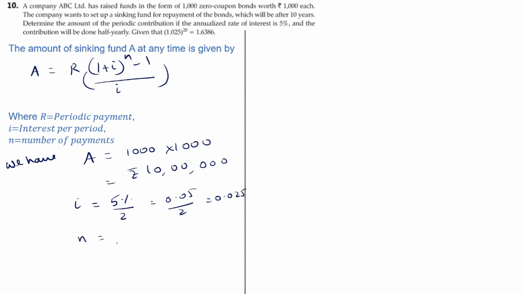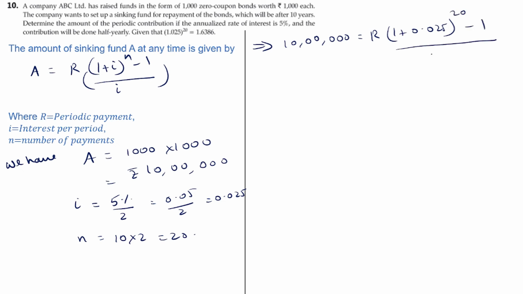And the number of payments will be, it is 10 years and contribution is done half yearly, so number of payments will be 10 into 2, 20. So if we substitute all these, we get 10 lakhs equal to R into 1 plus 0.025 the whole raised to 20 minus 1 upon 0.025.